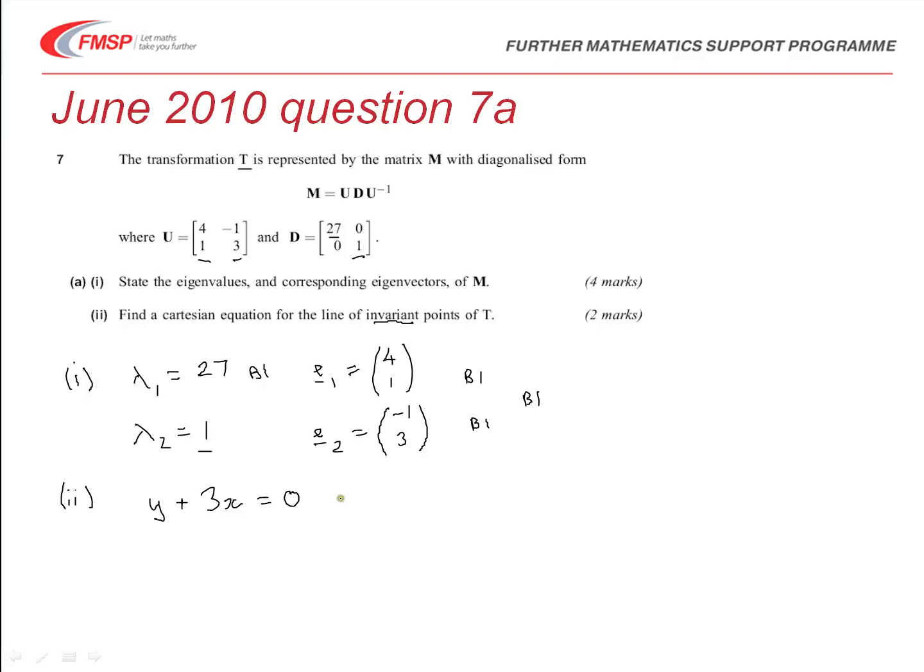And then in the next part, you will get a mark for correctly stating the Cartesian equation. And if you remember, we talked about the fact that this was for when lambda was equal to 1, but really we should write down clearly a reason why lambda is 1, for a line of invariant points.